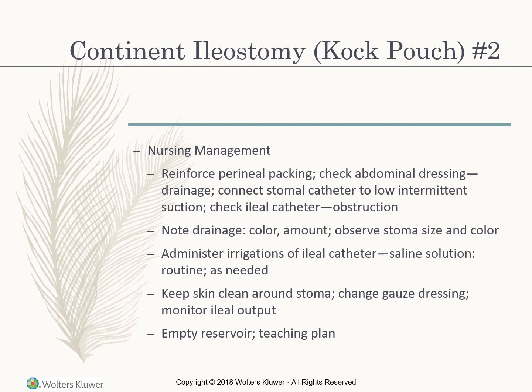You're going to administer irrigations of catheter saline solution routinely and as needed. You're going to keep the skin clean around the stoma, change the gauze dressing, monitor ileal output, notify the provider if there's anything abnormal. You're going to empty the reservoir and teach your patient how to do that.